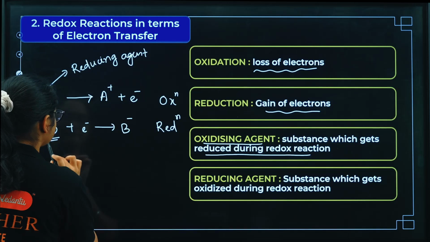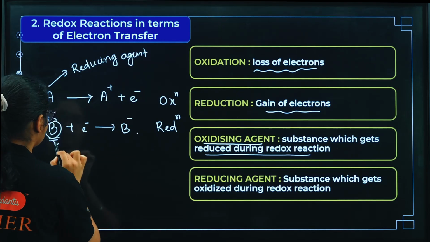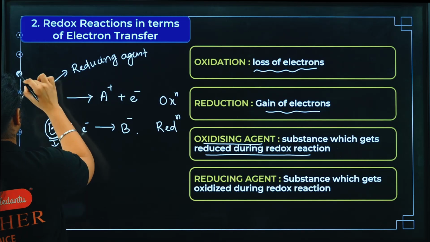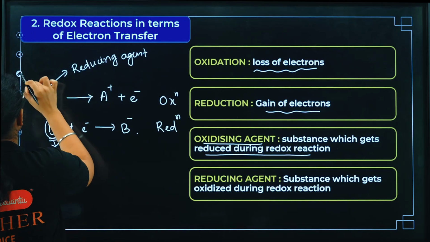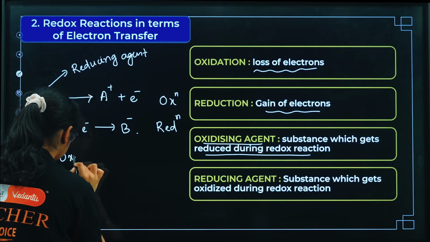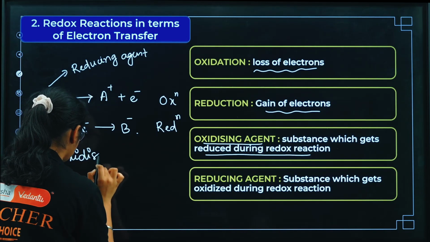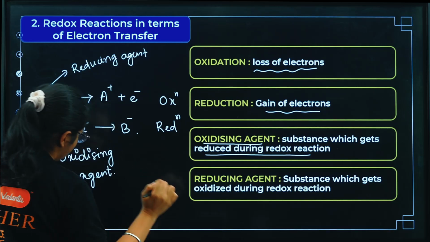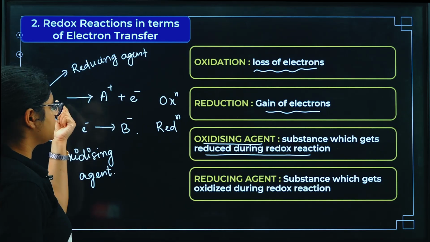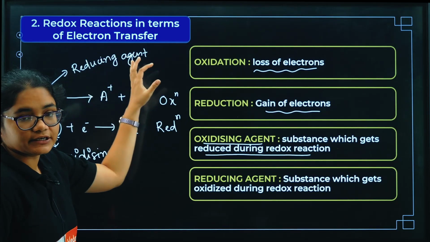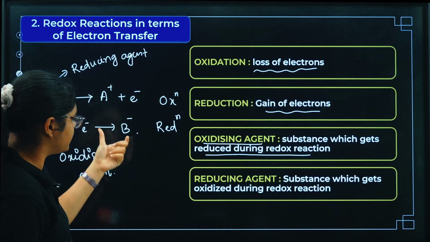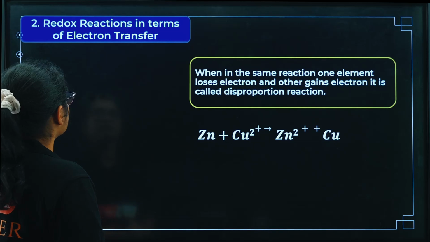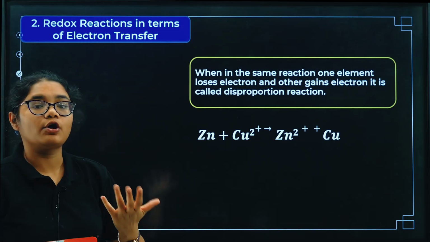The substance which gets reduced, this B, is called an oxidizing agent. Clear? So the substance which gets oxidized is called a reducing agent and the substance which gets reduced is called an oxidizing agent.